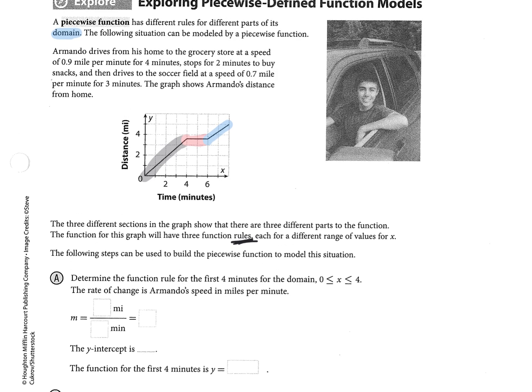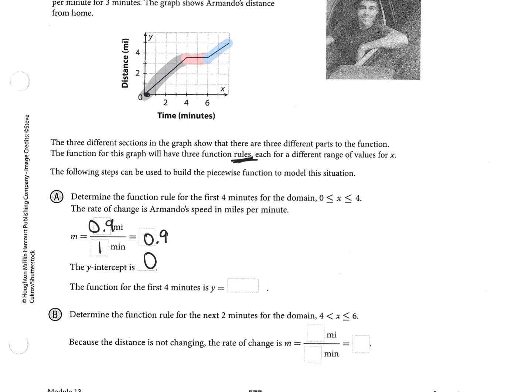Up here it tells us 0.9 miles per minute. The y-intercept of that chunk is 0. So the function for the first 4 minutes, or that rule, is y equals m, which is 0.9, x plus b, the y-intercept is 0.